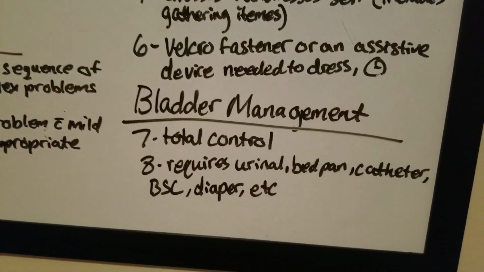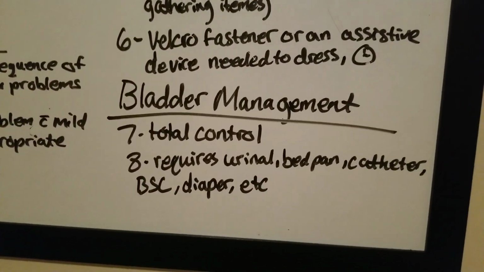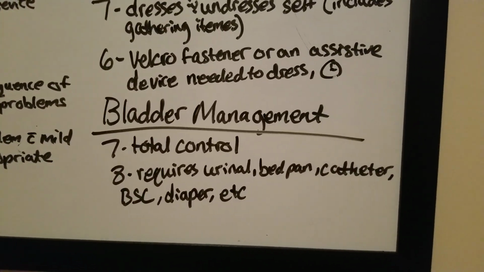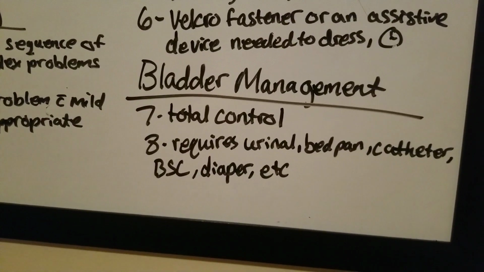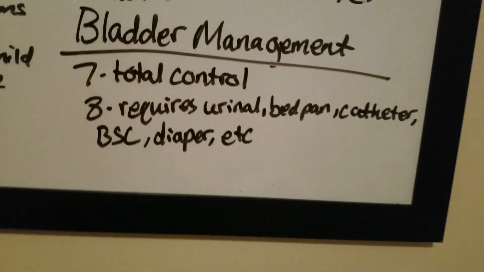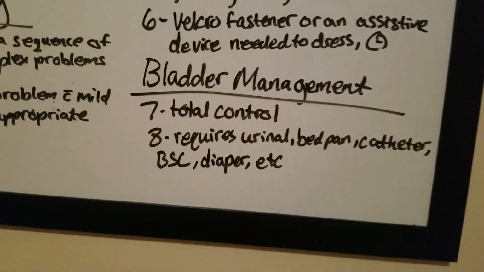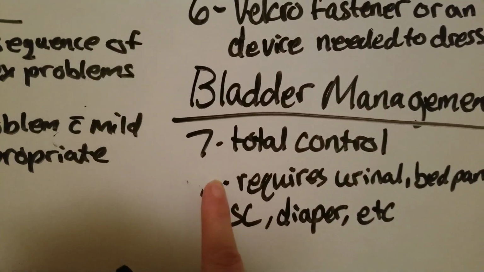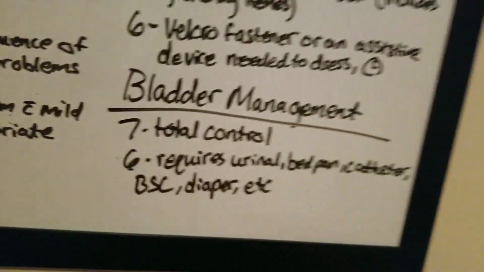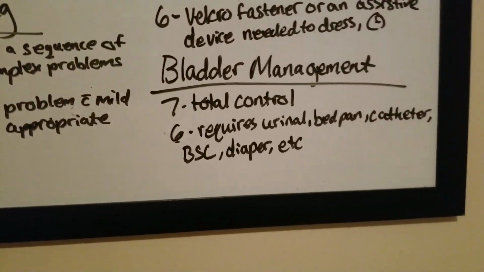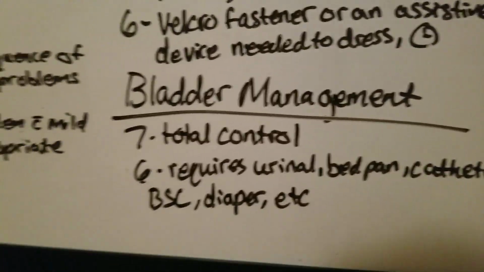Okay, so bladder and bowel management. I just put bladder, but this is for both. So a 7 is the individual has complete control of their bladder. No problems there. Why did I write an 8 when it was supposed to be a 6? Okay, I probably need to go to bed.